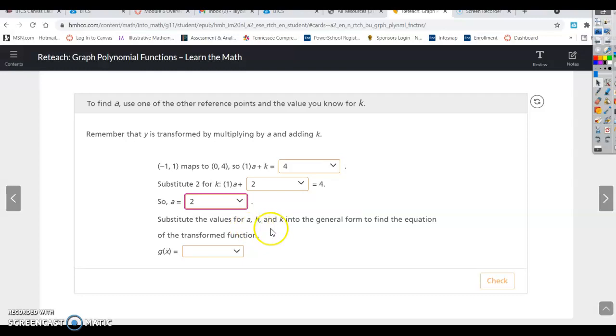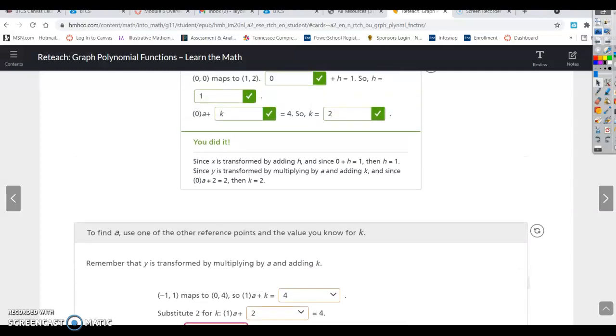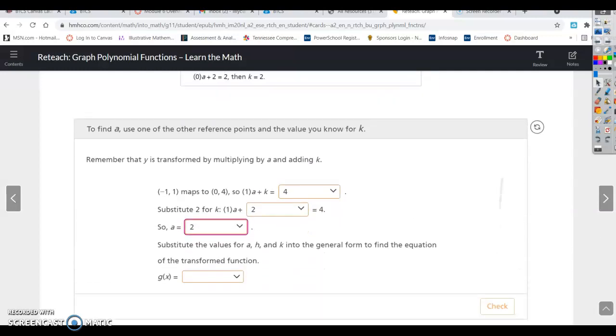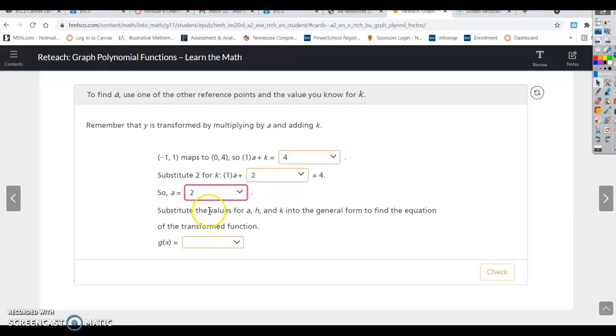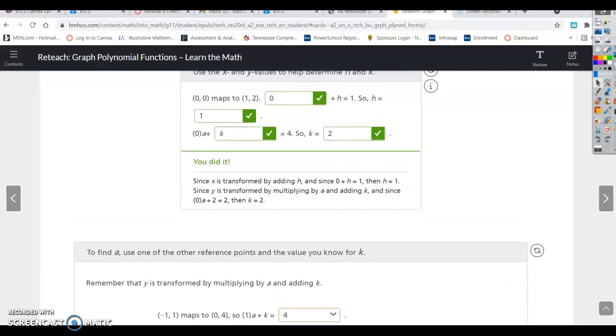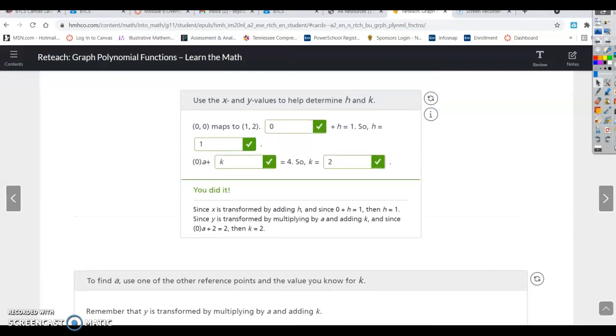And then substitute the values of a, k, and h into the general formula. If you look right up here, we already found k is 2, and we found a is 2, and h is 1.